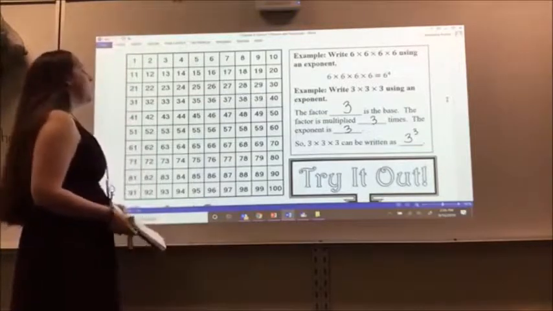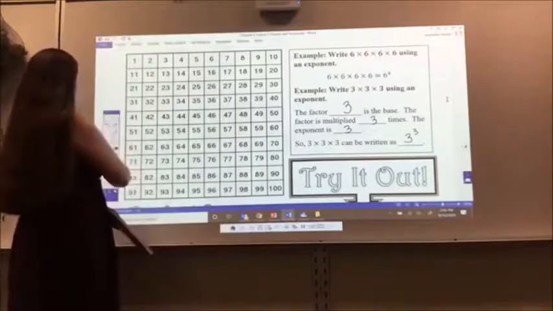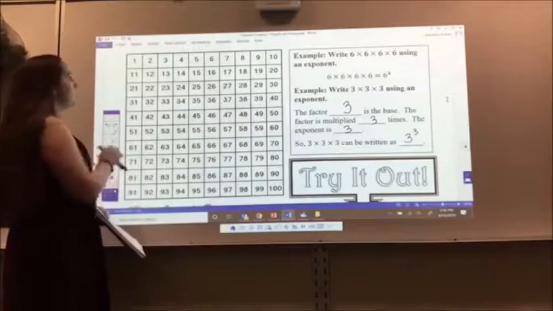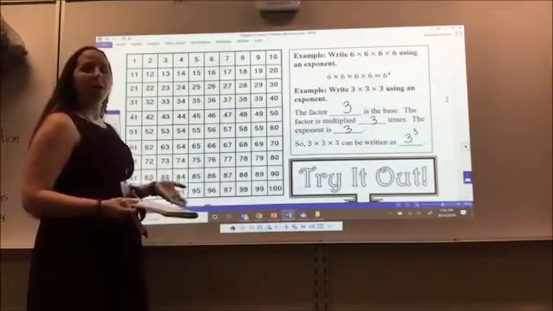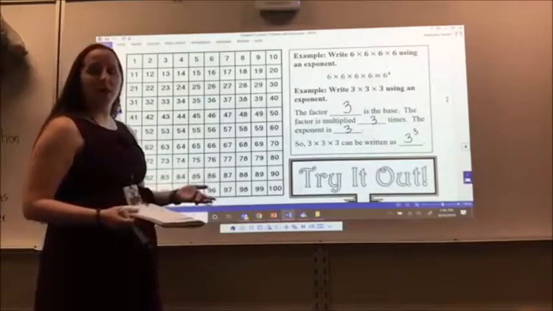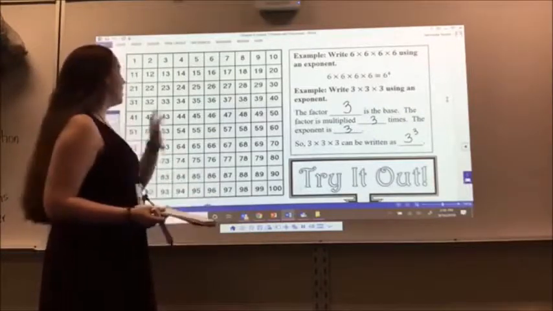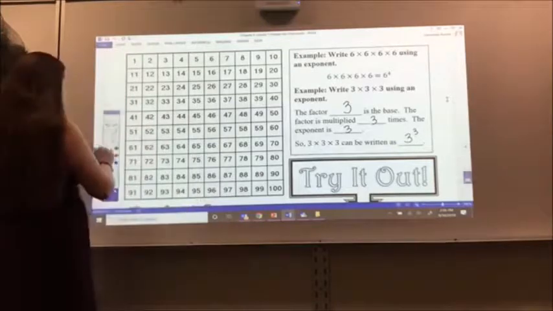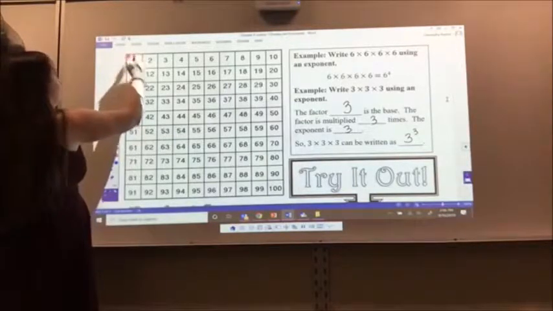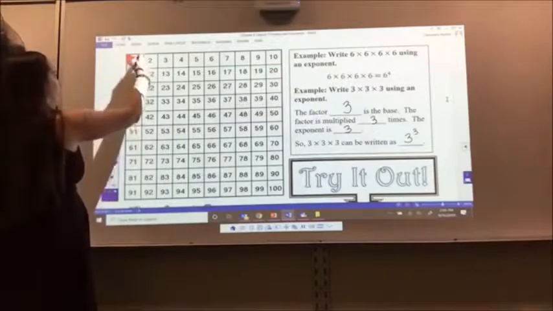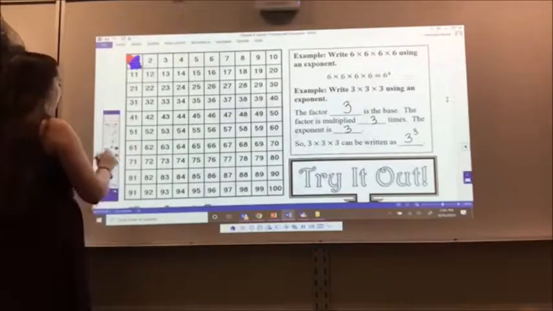So let's look at 1 first. So 1 times 1 is 1, that's 1 squared, and 1 times 1 times 1 is 1 cubed. So we're going to color 1 purple. So red and blue. Okay?